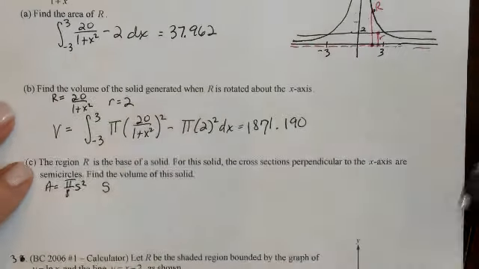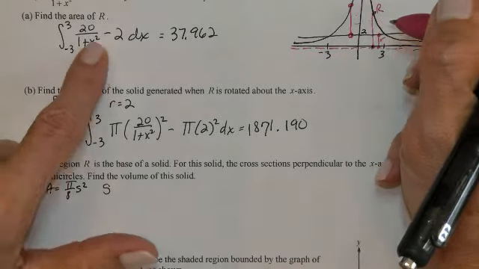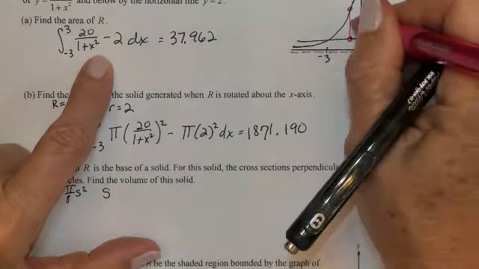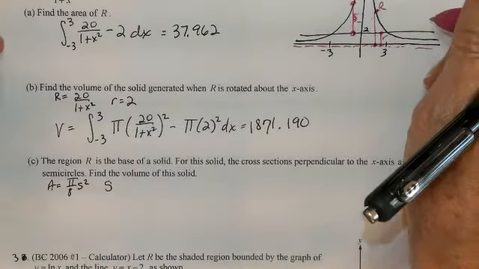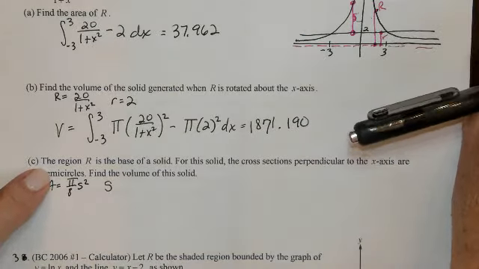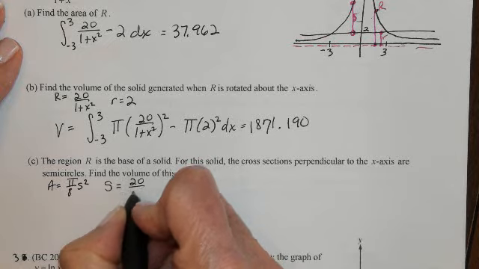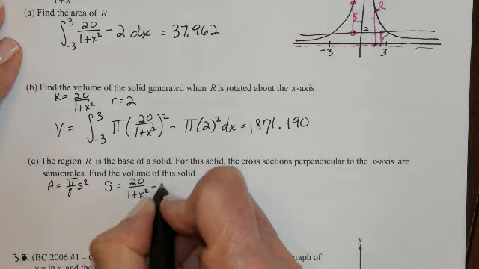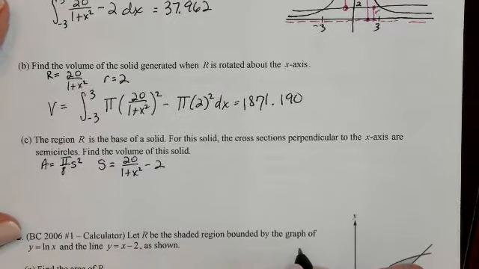S is the same that we use for the top minus bottom. That's the side, or in this case the diameter of our semicircle. So S for us is just that top minus bottom. We use that a lot in these problems, right?